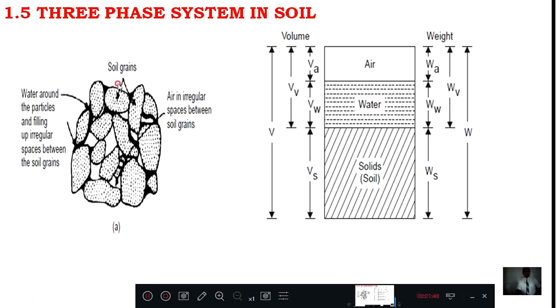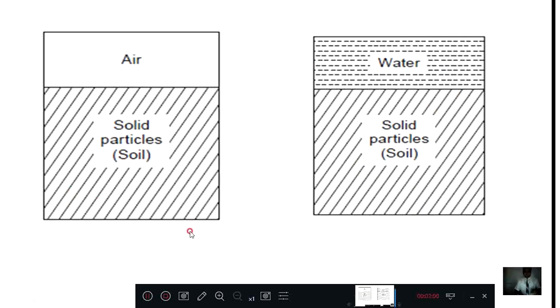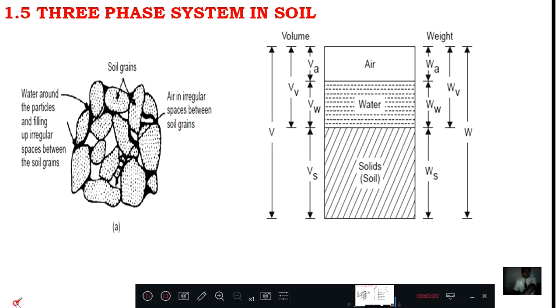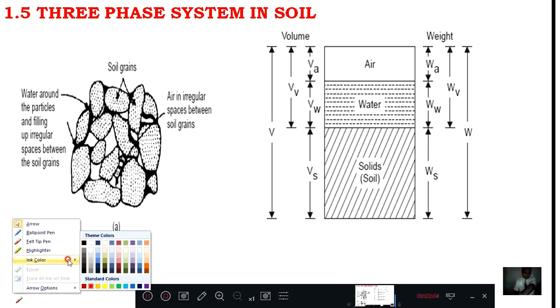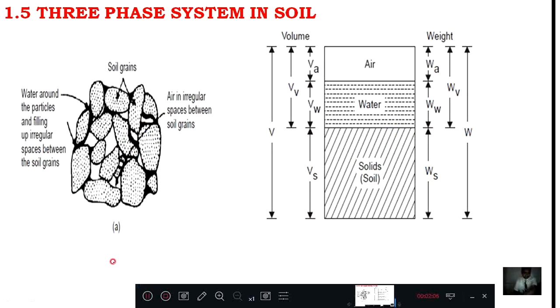See here, the soil, whatever you are seeing here, this is a soil. It looks like this in general form. Some particles are there.